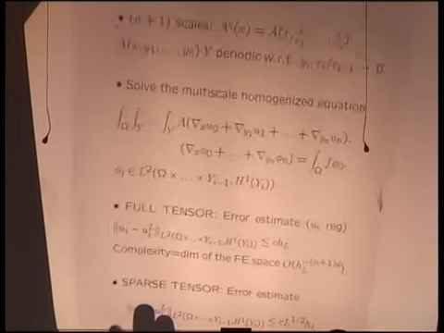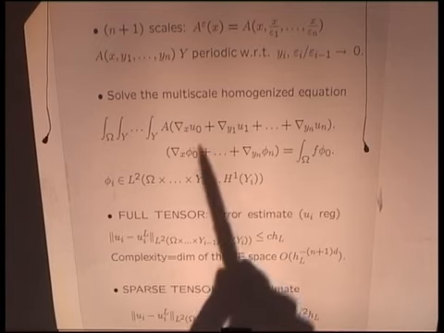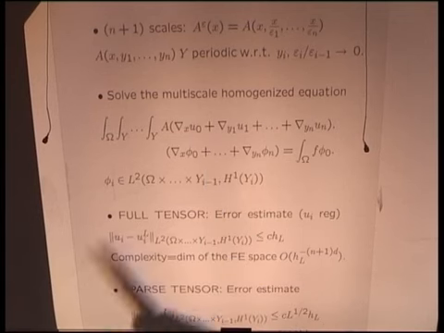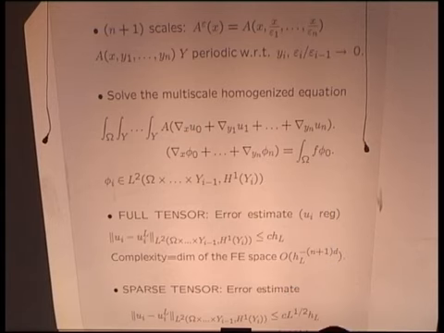Then we can do exactly the same thing. But now we need to find not just U0 and U1, but we also need to find U2, U3, and UN, and so on. And we can use exactly the same way to solve this.